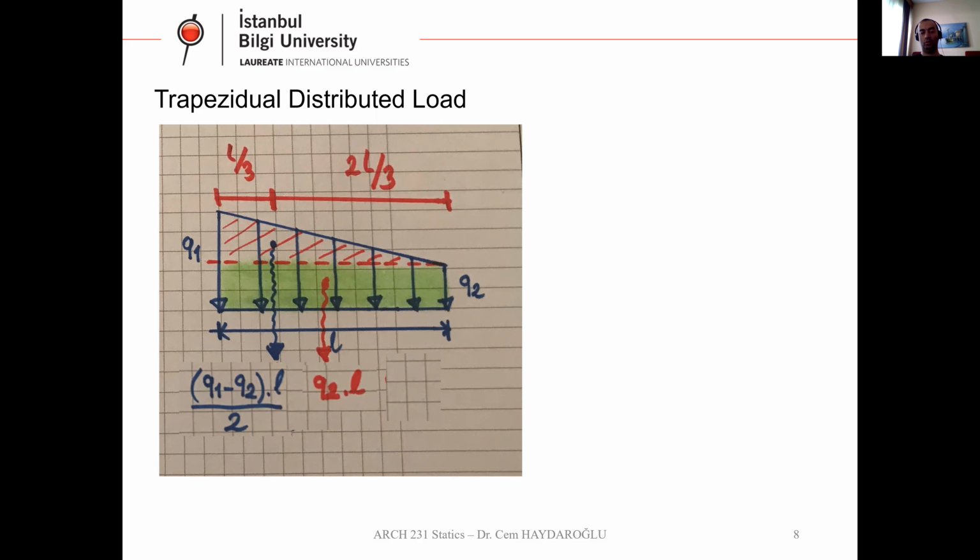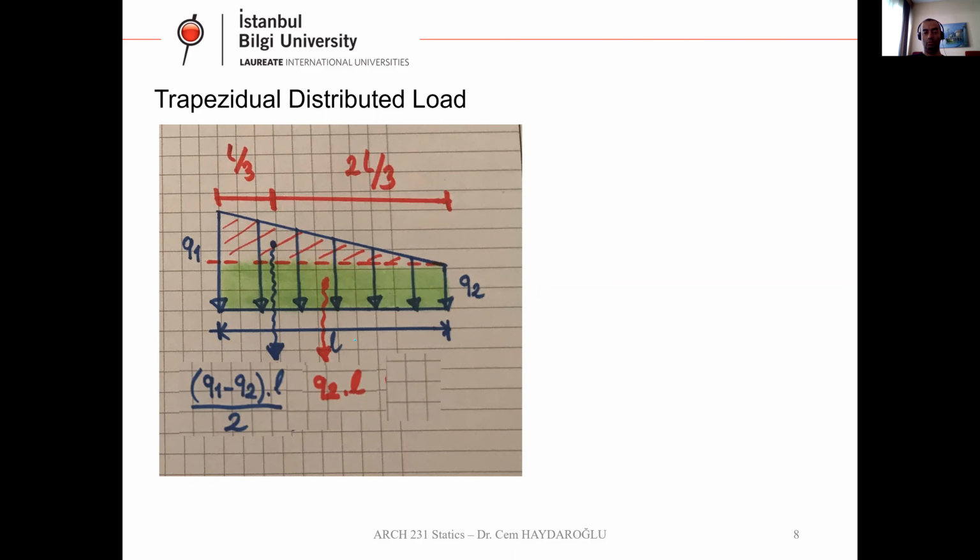So what we are gonna do, we are gonna split this trapeze shape to basic shapes that we know about the area and location. Here you can see if we split it two pieces, the green part is a rectangle, and the red shaded area is a perpendicular triangle.